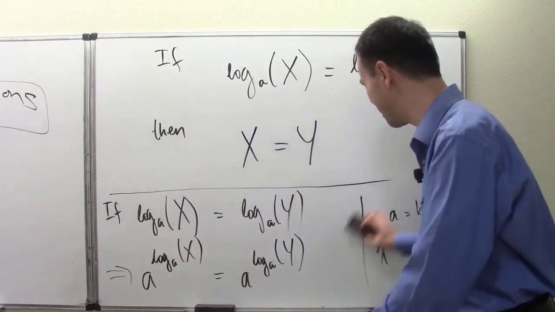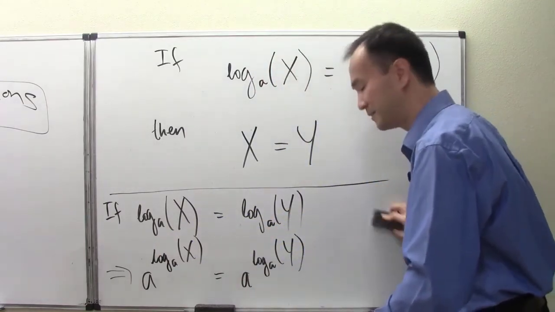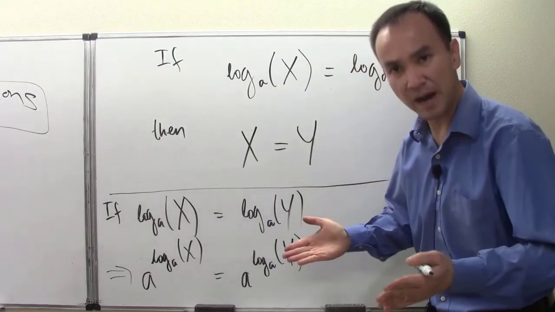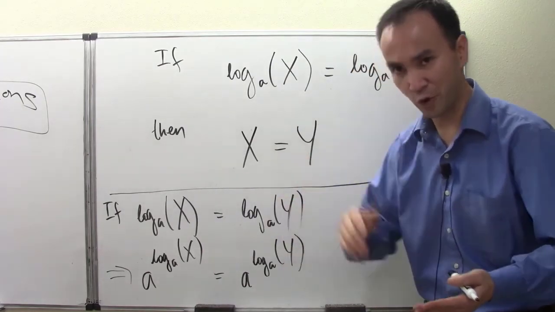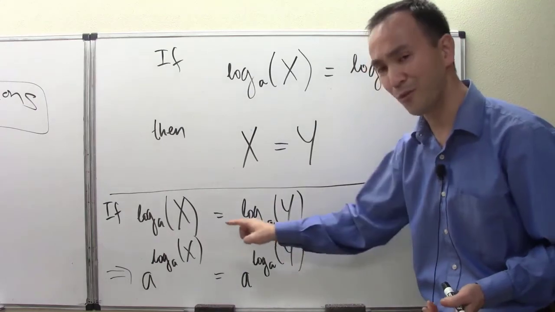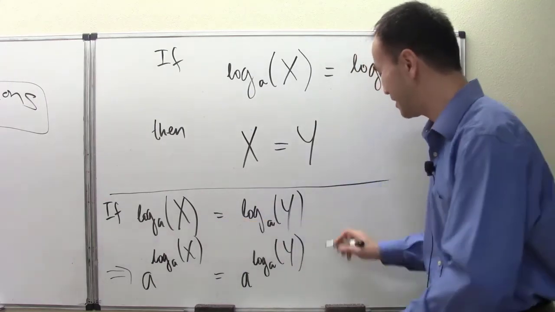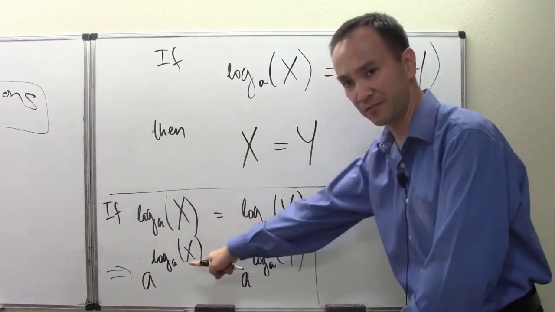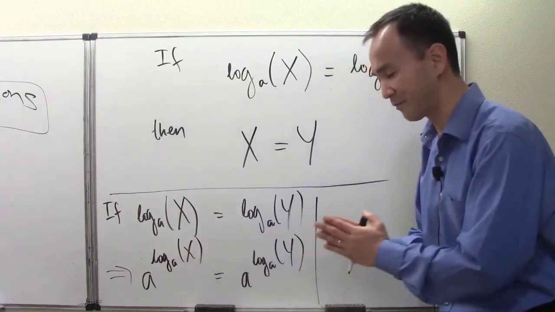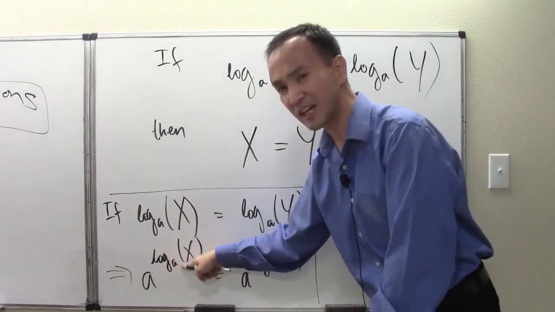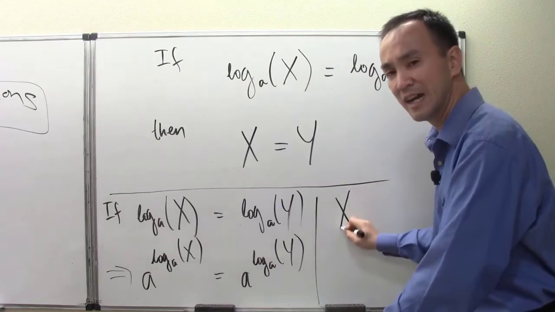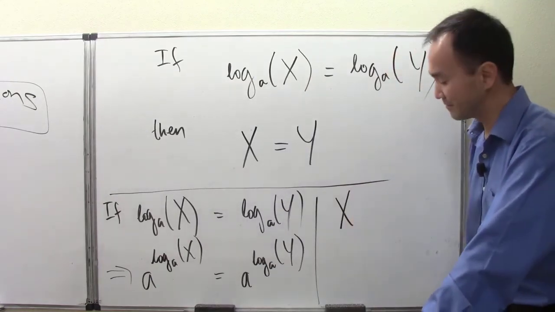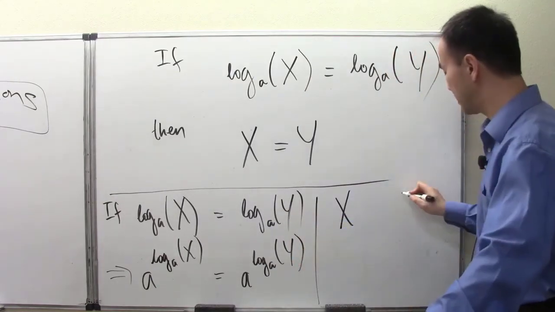You can go ahead and roll back to that other video of mine and find out what property 7 is all about. According to property 7 of log, this left-hand side simply becomes x, and the right-hand side simply becomes y.